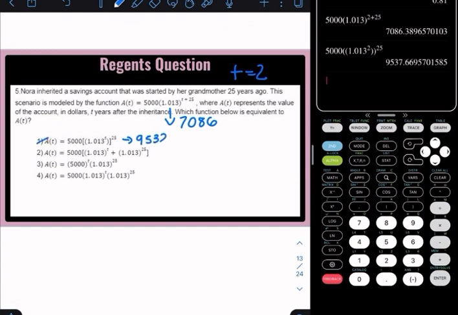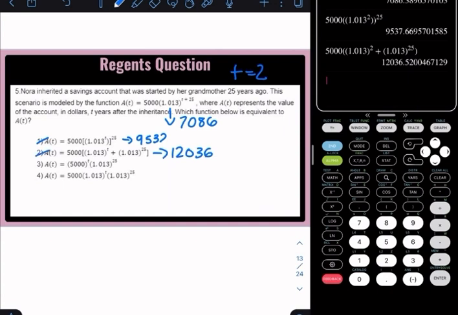Let's look at number 2. 5,000, parentheses 1.013 raised to the t power, which is 2, plus parentheses 1.013 raised to the 25th power. And that gives me 12,000, which is not going to be my answer choice.